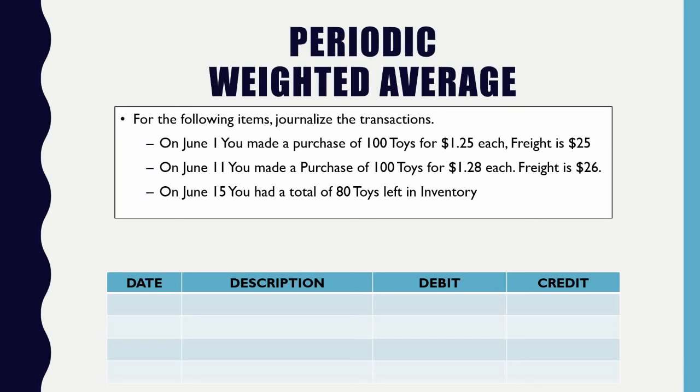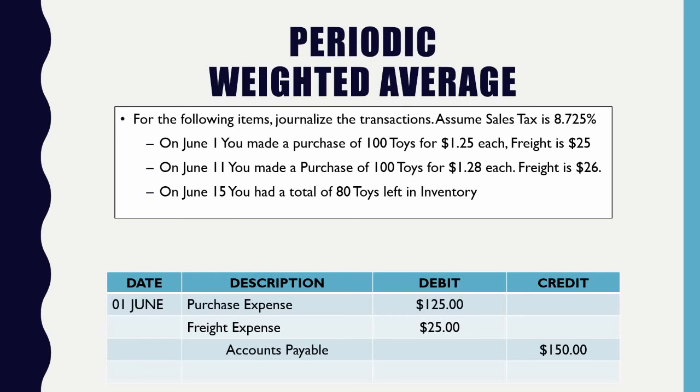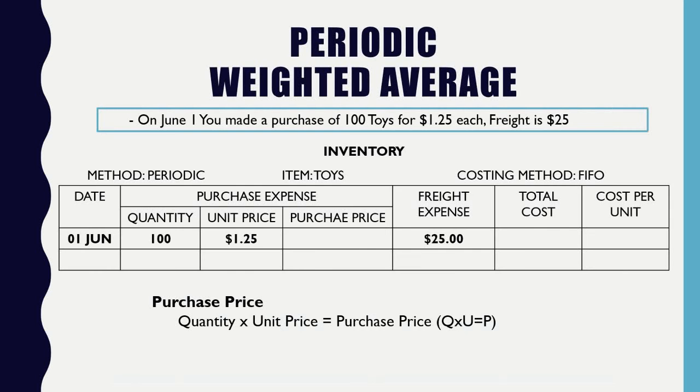Then at the end of the given accounting period, which is on June 15, we recognize that we have 80 toys left in inventory. So again, journalize this: purchase expense, freight expense. And then we plug it into our inventory worksheet.